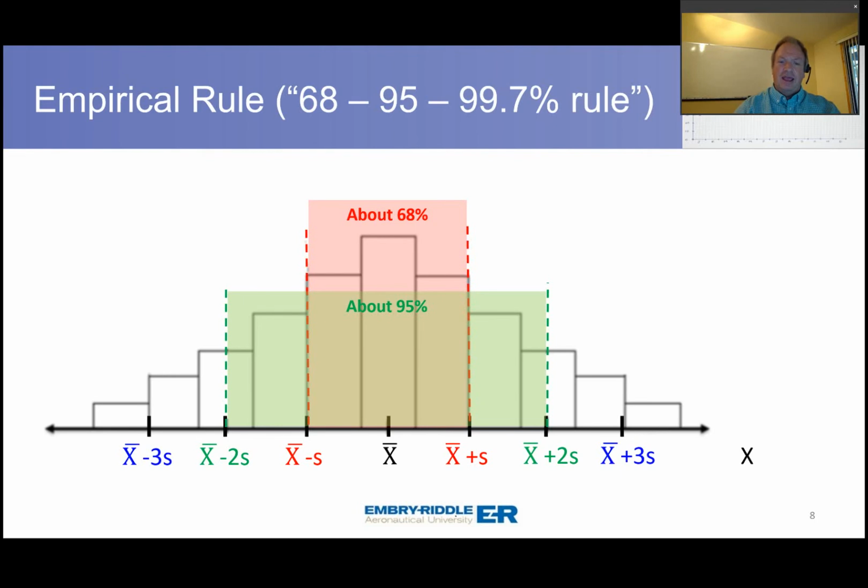And finally, if we look 3 standard deviations from the mean, we're going to find that practically all of the data set is within that range. 99.7% of the data values are within 3 standard deviations of the mean. That's a really useful fact.